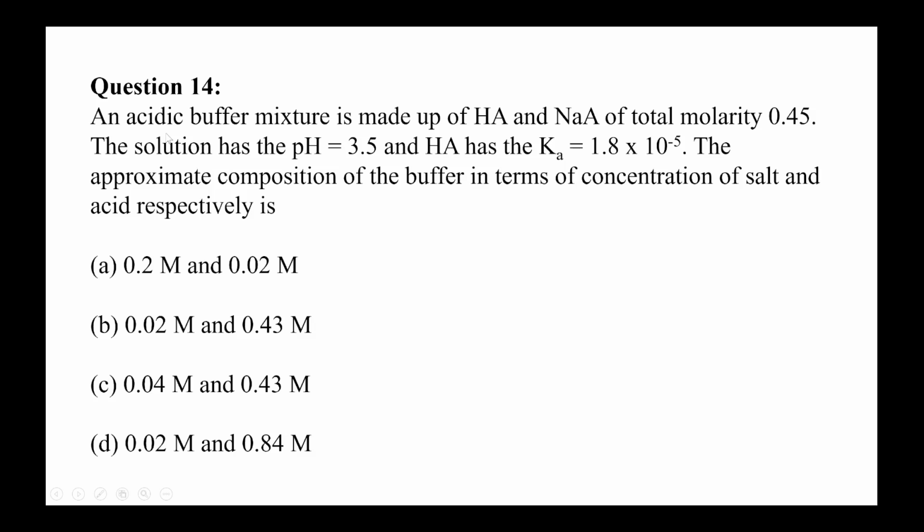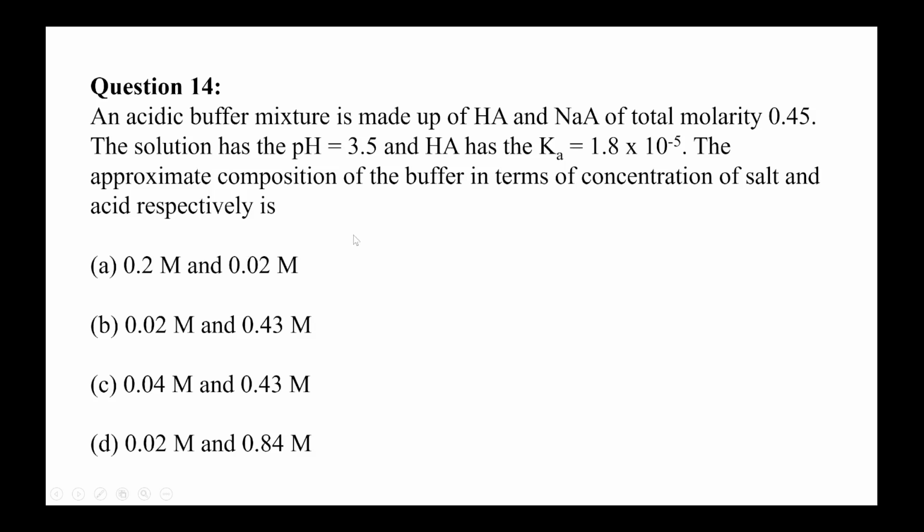An acidic buffer mixture is made of HA and NaA of total molarity 0.45. Solution has the pH 3.5 and HA has the dissociation constant of 1.8 into 10 to the power minus 5. The approximate composition of the buffer in terms of concentration of salt and acid respectively.